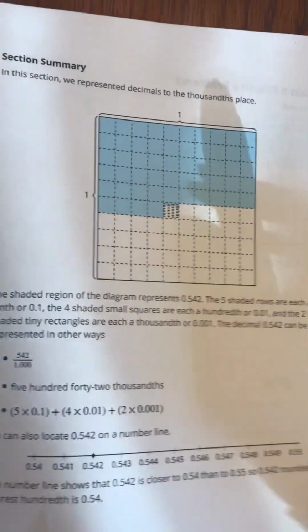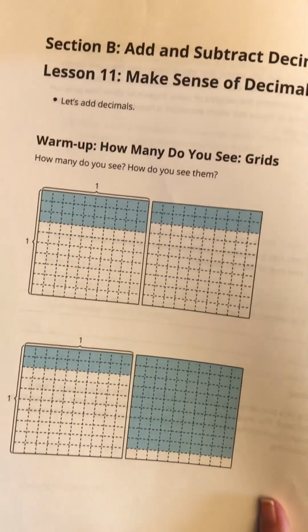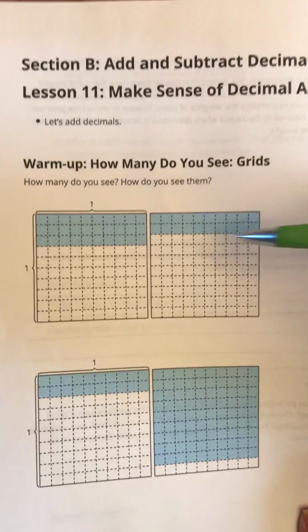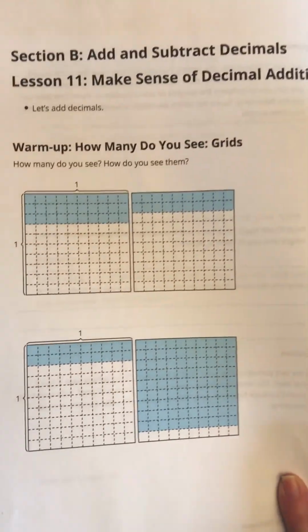So our new thing today is working on adding decimals. And so your workbook pages for today are 60 through 62. And so you're going to just add these decimals, and that's what this picture is asking: how many do you see?